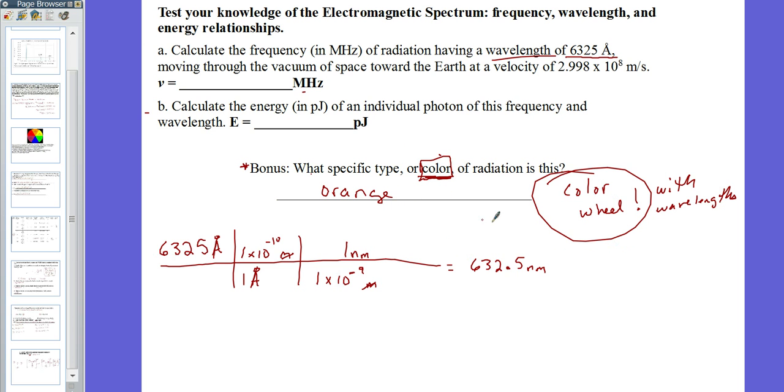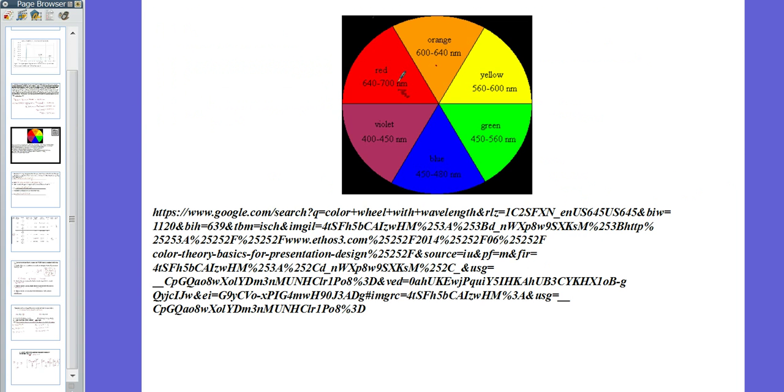But the thing is, if you find one that's in nanometers, then you use that one. You could also put the number of angstroms. It's really simple to convert from nanometers to angstroms. Really, all you do is add a zero.